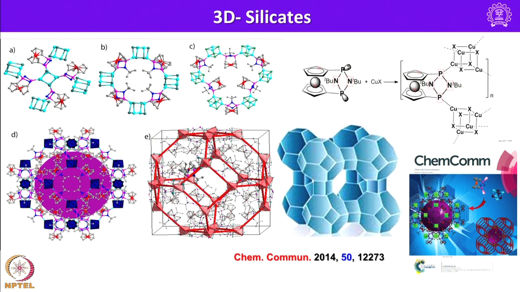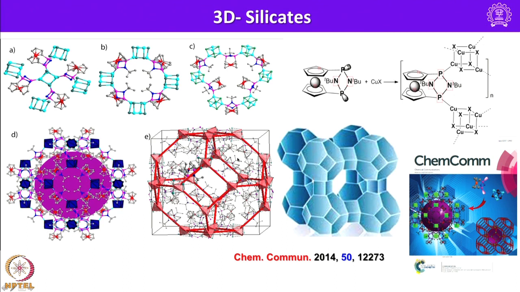Working on copper 1 with bisphosphine, you can see here the monomeric unit. The reaction of cyclodiphosphazane with copper iodide results in the formation of these Cu4X4 cubanes, and these cubanes are shown here and these bisphosphines are shown here. It also consists of 1, 2, 3, 4, 5, 6, 6 4-member rings and 8 6-member rings.